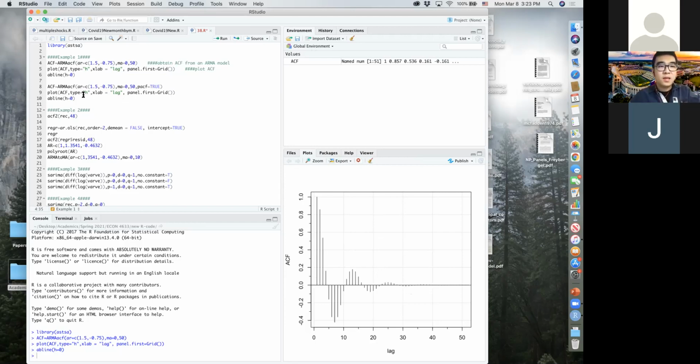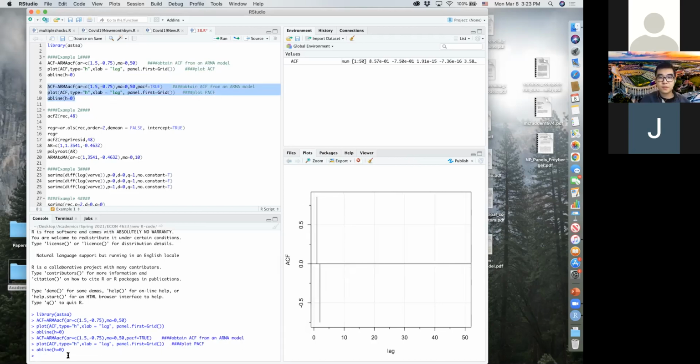Now the second part of this example obtains the PACF from this AR(2) model. Let's run this code. Let me change the name to PACF and rerun this.